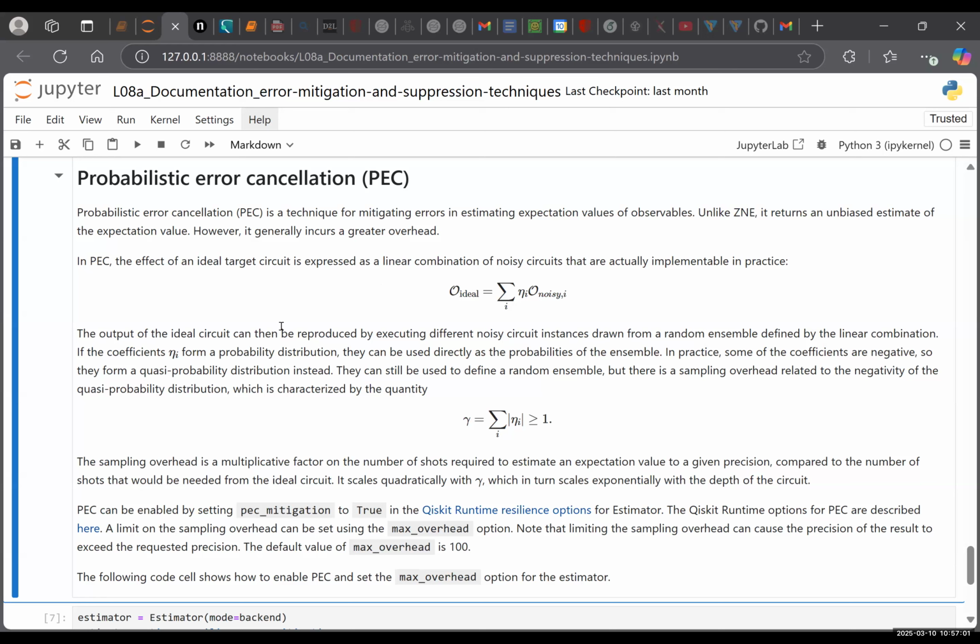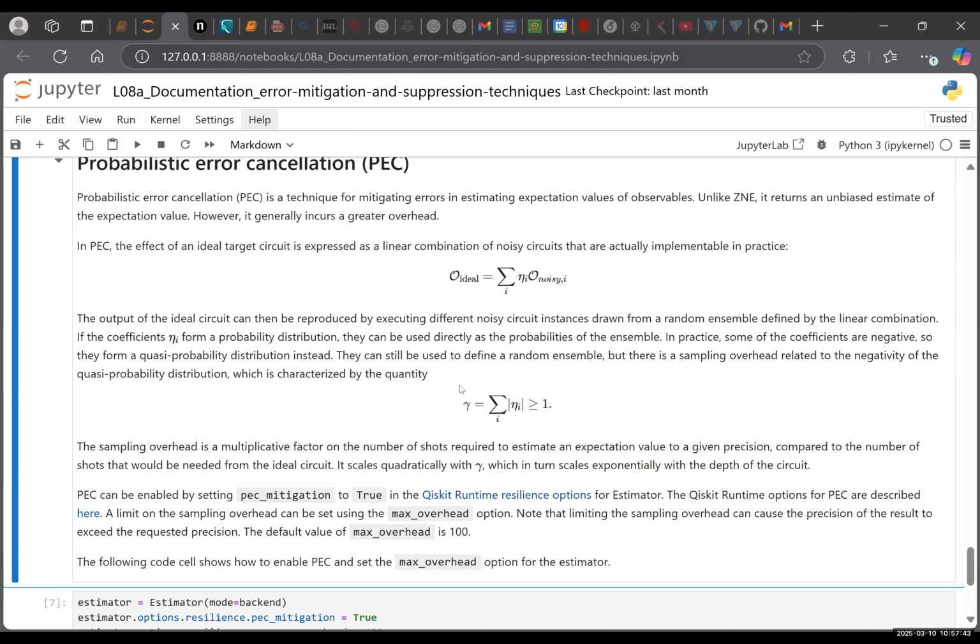The output of the ideal circuit can be reproduced by executing different noisy circuit instances drawn from a random ensemble defined by the linear combination. So we say a noisy circuit is a combination of the ideal with some other gates, but you can go the other way around: the ideal circuit is a summation of different noisy ones, as represented by this equation.